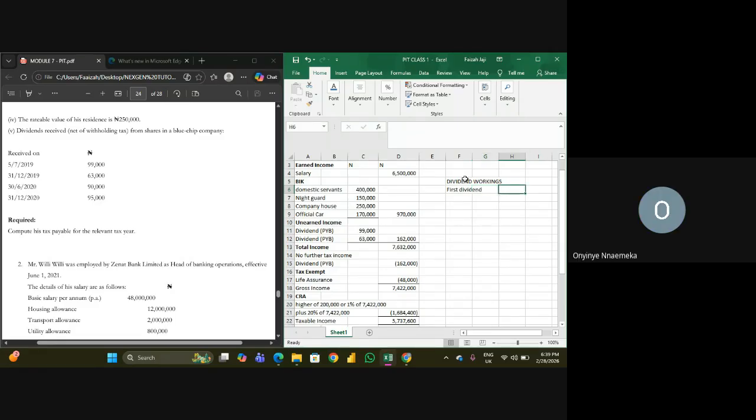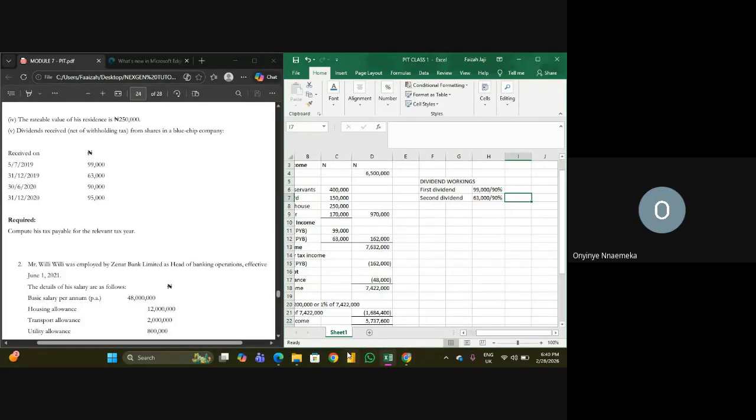To get the gross, the amount of dividend is 99,000 divided by 90%. Second dividend is equal to 63,000 divided by 90%. To give you your 100%, please, can somebody call the figures for me?